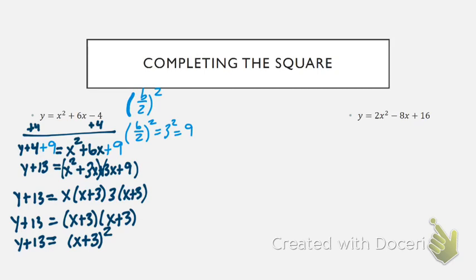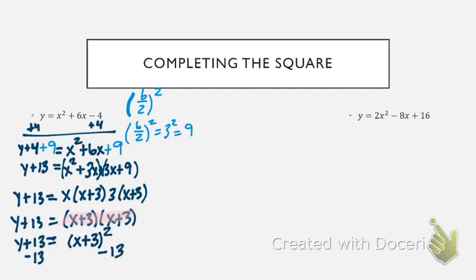In this case, x squared plus 6x plus 9 factors to x plus 3 squared, because x plus 3 happens twice, which means that factor is squared.